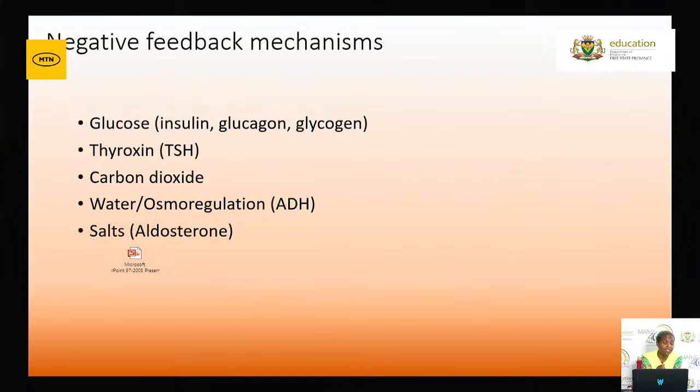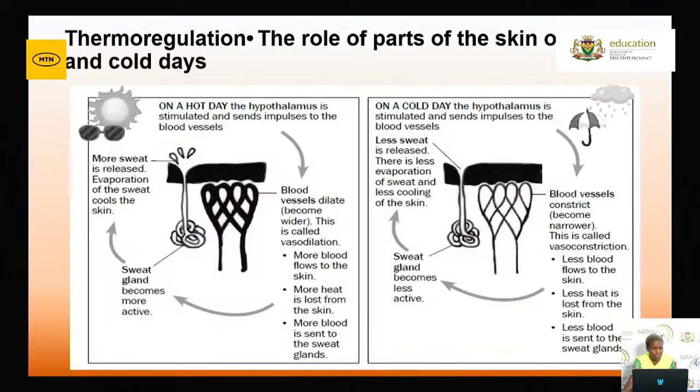And then the other negative feedback mechanisms that I have mentioned are those of progesterone and FSH from human reproduction. Please, it is also important. And then under thermoregulation, you remember these two processes. Okay, let me move to the next slide.